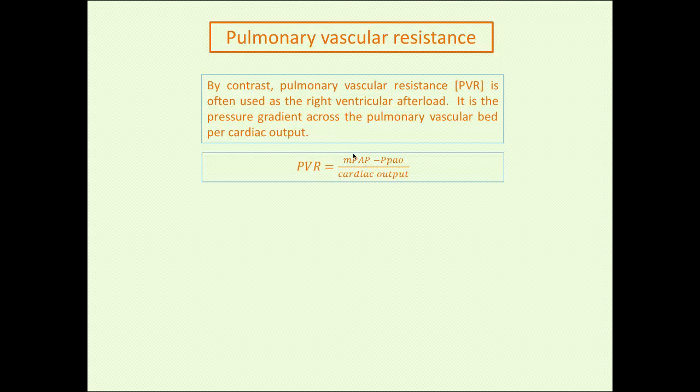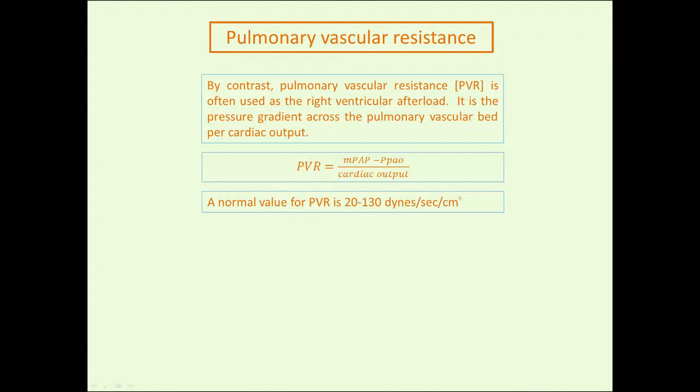So your mean pressure less your occlusion pressure is the driving pressure across the pulmonary vascular circuit. Driving pressure, and then you divide that by the flow, or the cardiac output, which we will talk about 2 sections from now. Next section we talk about the occlusion pressure. Okay, so this defines your pulmonary vascular resistance.